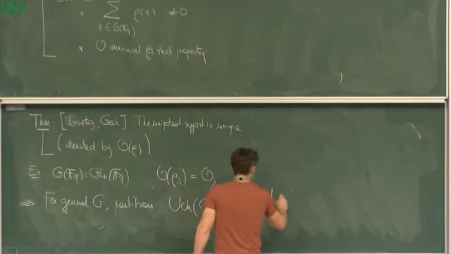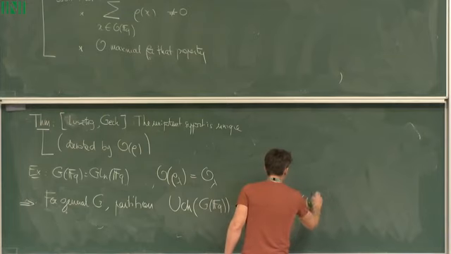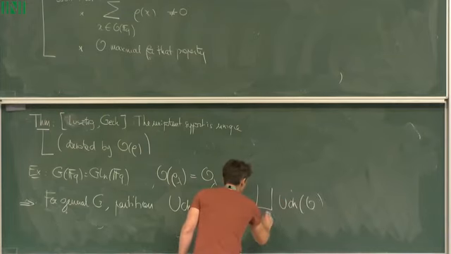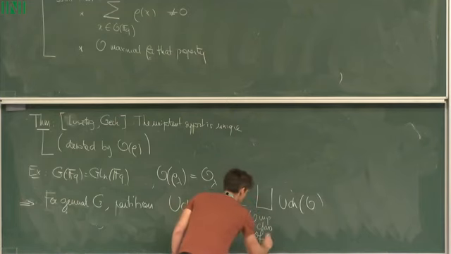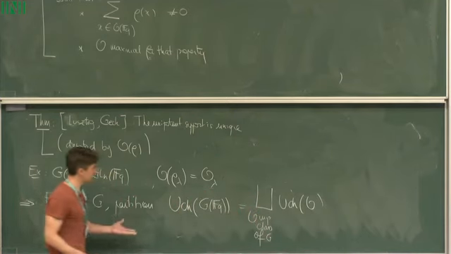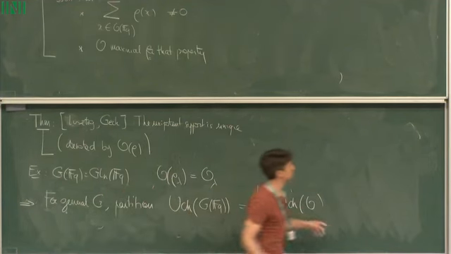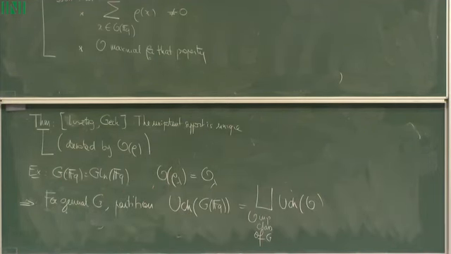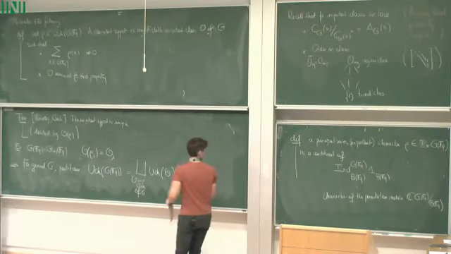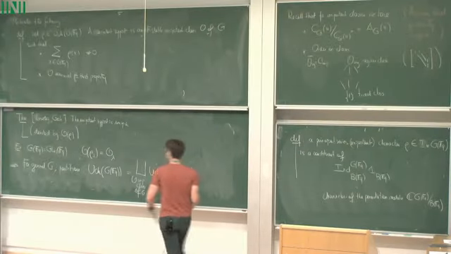So let me denote it by UCH of O, where O is a unipotent class, F-stable unipotent class of G. Okay. So for GLN, for every class, this is just a single unipotent character. But for other groups, this will be different in general.